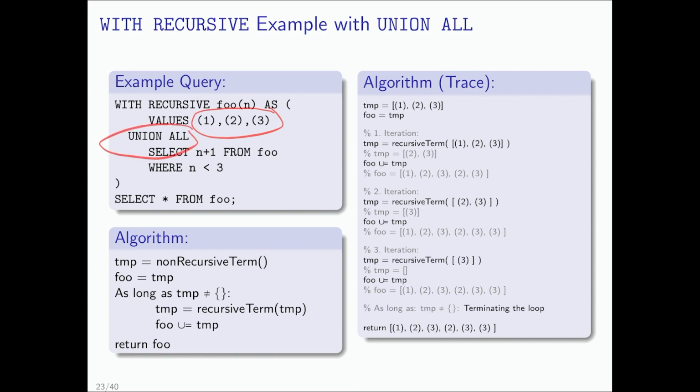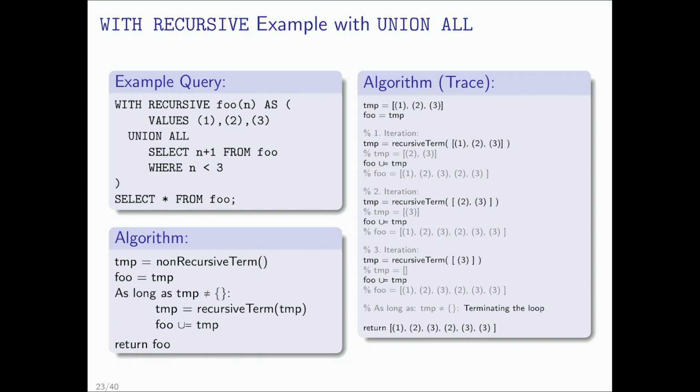So that means now temp has those 3 tuples. Foo is assigned to temp. You call the recursive term with those 3 tuples. Only the first 2 qualify, they're strictly smaller than 3. And they are appended to this relation, like in a sequence, appended no matter whether those tuples already exist in the set or not. That's what we're seeing here.